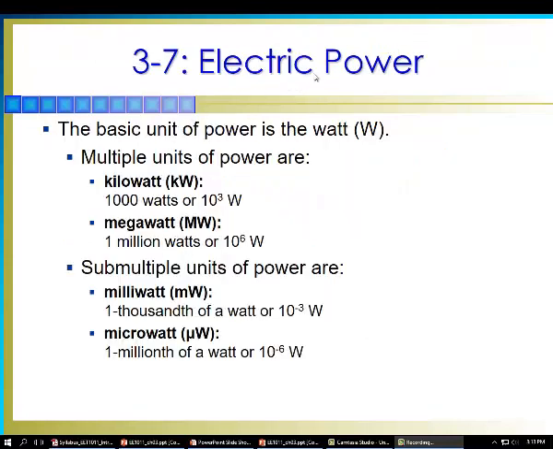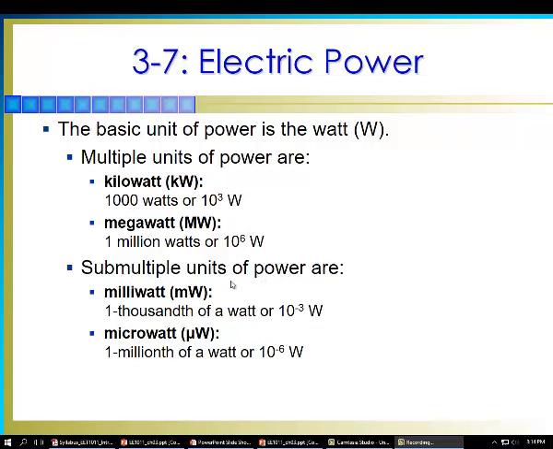Now, electric power. The basic unit of power is the watt. Multiple units of power are the kilowatts and the megawatts. These are very common units when it comes to the utility companies.